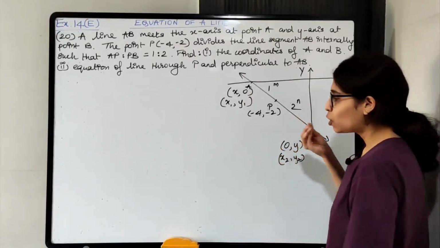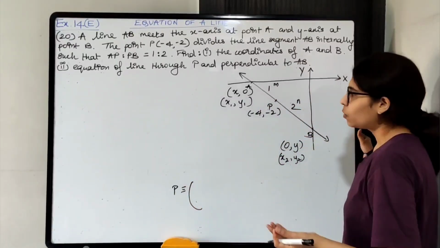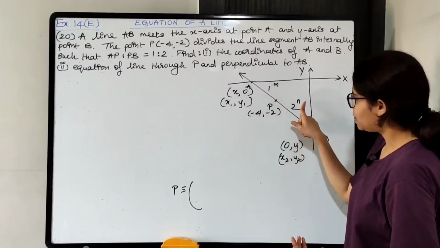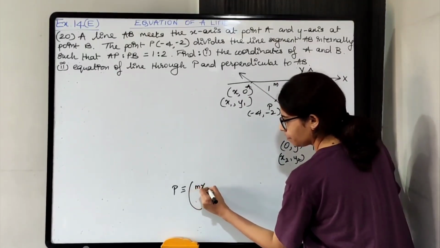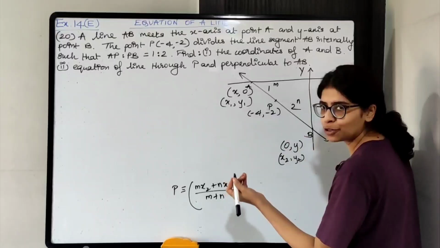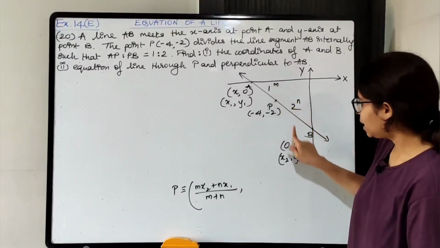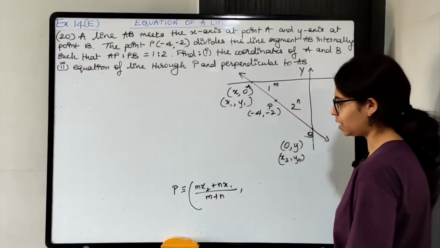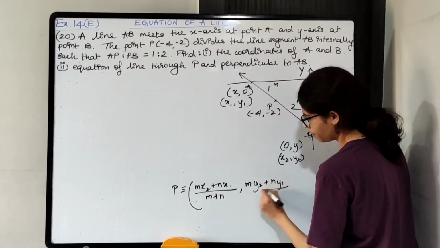By section formula, what will be the coordinates of P? For x coordinate, (mx2 plus nx1) upon (m plus n). So please be thorough with section formula and midpoint formula so that you can solve these sums very easily. For y coordinate (my2 plus ny1) upon (m plus n).